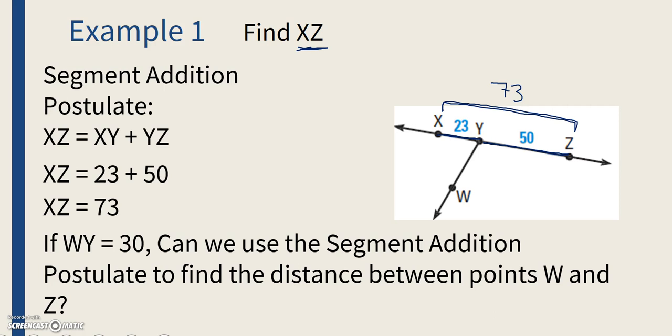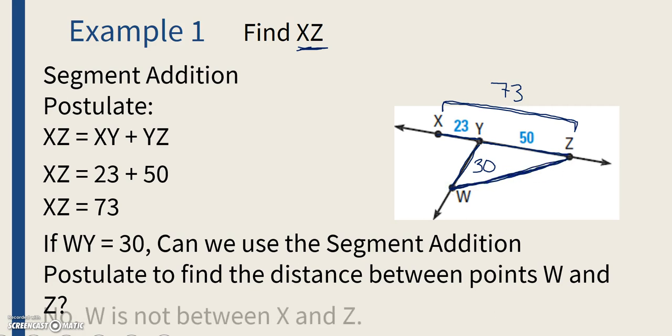Alright, now, if YW, so this length right here, is 30, can we use the segment addition postulate to find the distance between points W and Z? Nope, we can't.